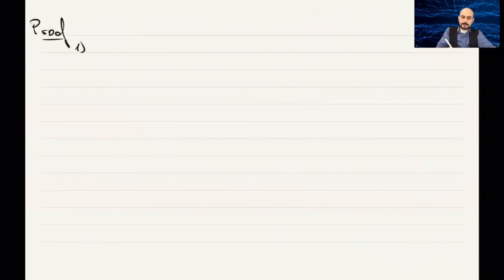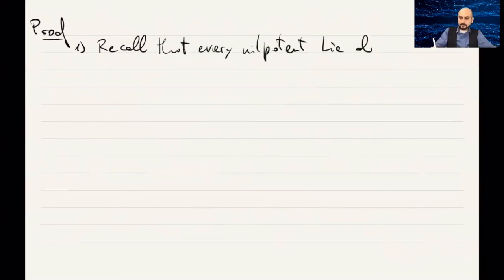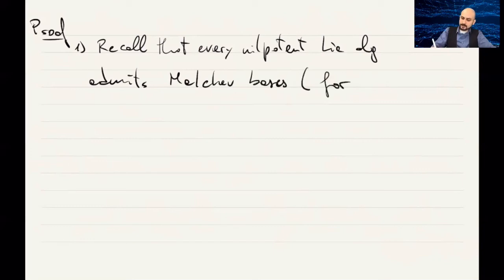One. Okay. Let me remind you why the Lebesgue measure is a Haar measure. So let's recall that every nilpotent Lie algebra admits what are called Malcev bases. Now, for Carnot groups, this is much simpler.